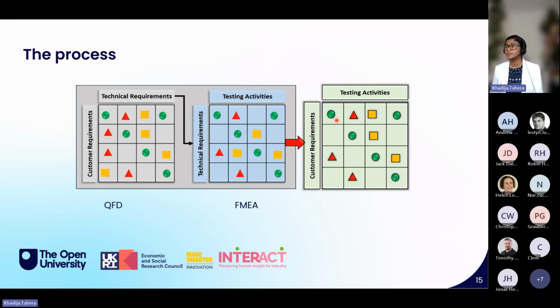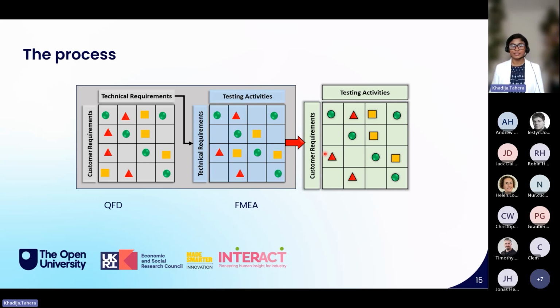Some testing activities we might find are not related to the customer requirements. We will also find that there are many tests we are doing to meet a customer requirement, and we will also suggest different strengths based on the numbers you have input here.